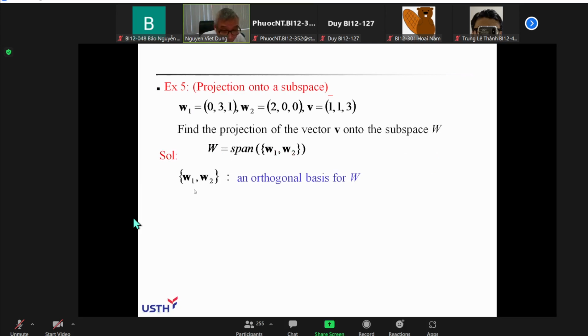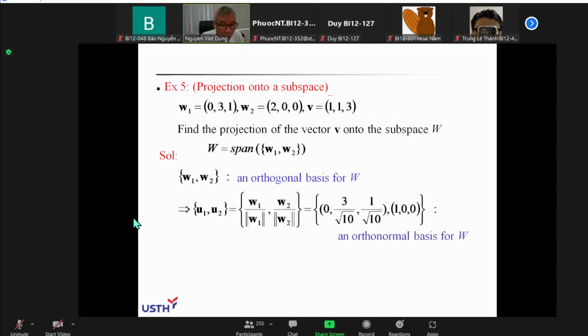You see that W1 and W2 already form an orthogonal basis. They are orthogonal to each other. However, it is not yet orthonormal, so we need to normalize it by dividing each vector by its length. Then that one is an orthonormal basis for W.